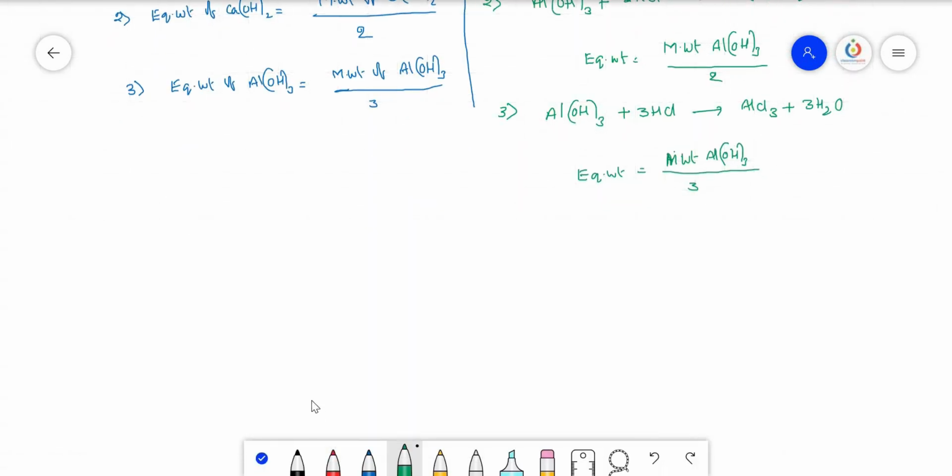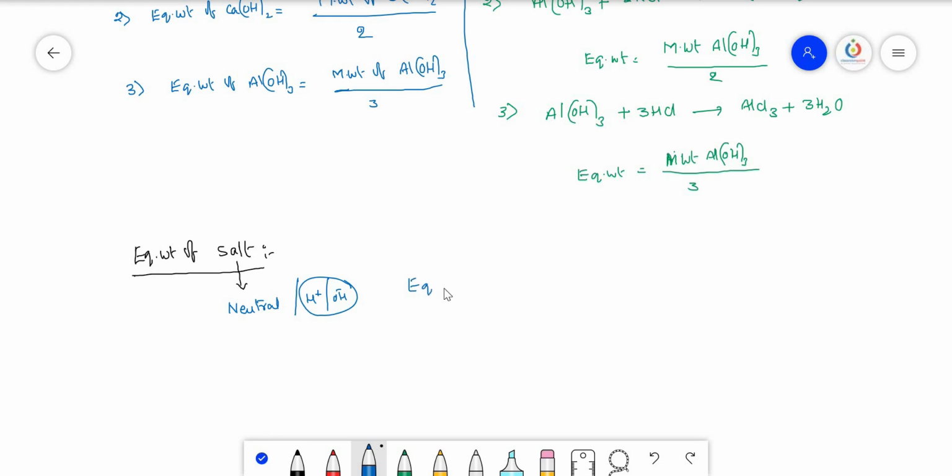Now let us see how to calculate the equivalent mass of a salt. You know that salt is a completely neutral compound, so it cannot release either H plus ions or OH minus ions, nothing. Then how to calculate? It is easy.